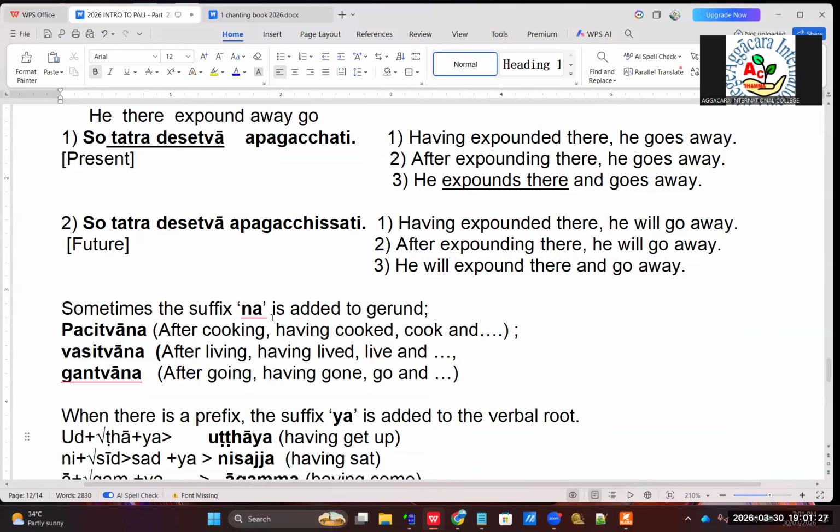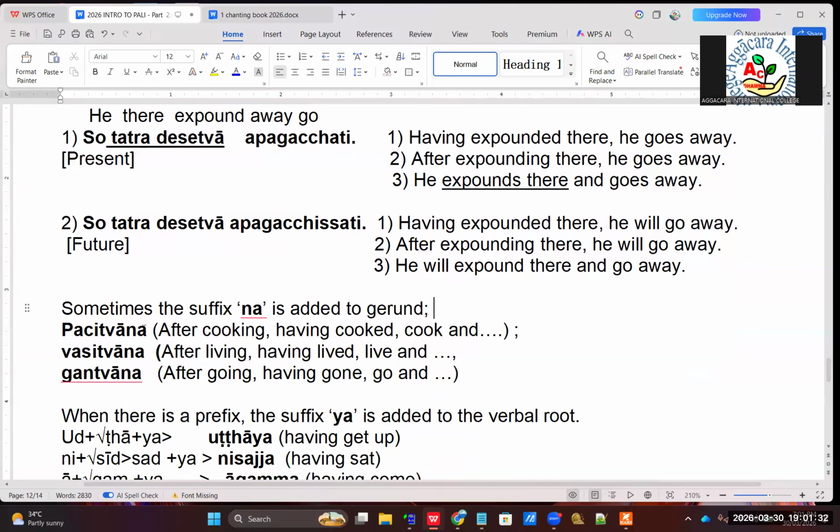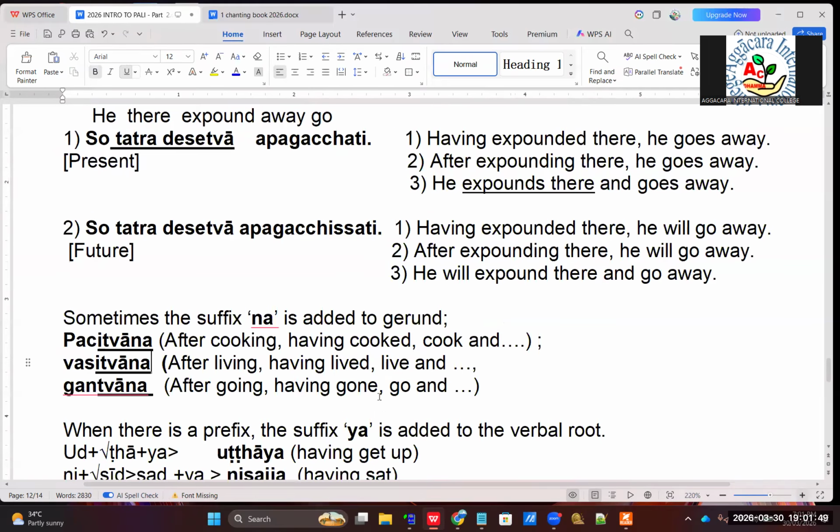Okay. Now, sometimes the suffix na is added to a gerund. You get this, itvana. All right. So you can see sometimes you have the i sound, like chitvana, after cooking, having cooked. Vasitvana, this also has the i, but gantvana is without the i.